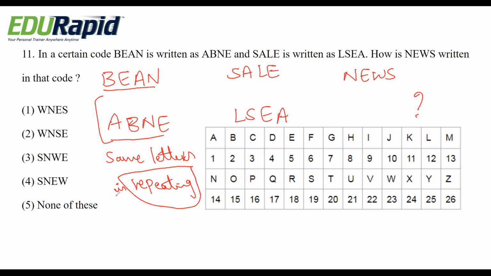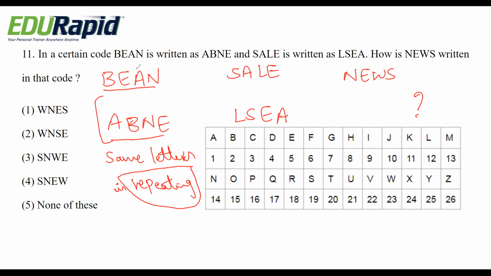Like the earlier number problem where the same numbers were repeating, here the same letters are repeating. Here also SALE, the same letters. So in what pattern is it going on? Let me check.